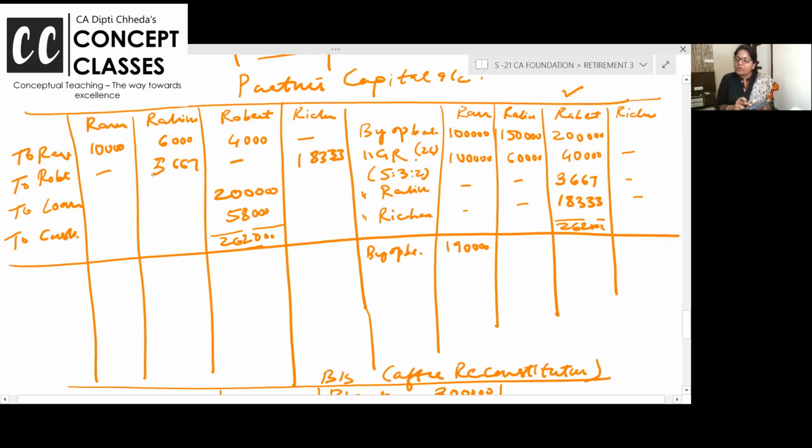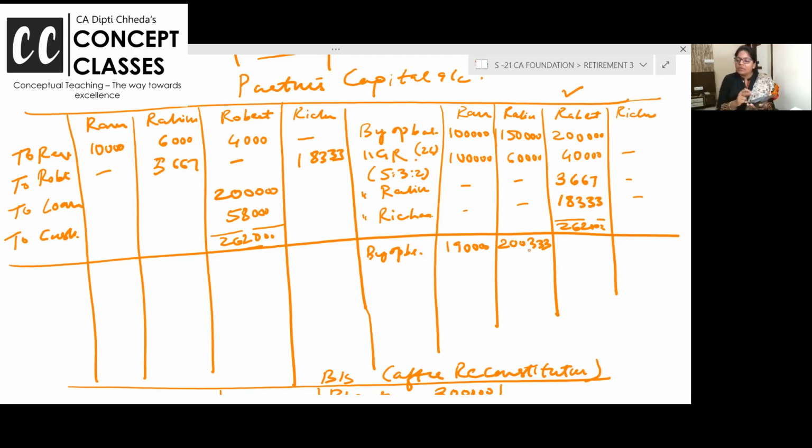One lakh 50,000 plus 60,000 minus 6,000 minus 3667. Yes. 200,333. So Ram and Rahim's capitals, 50% he is going to bring.